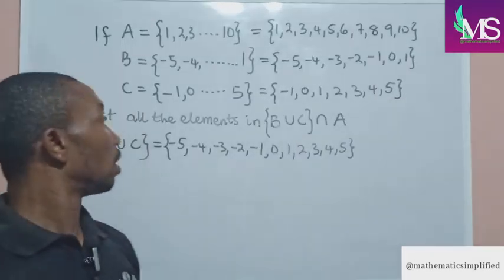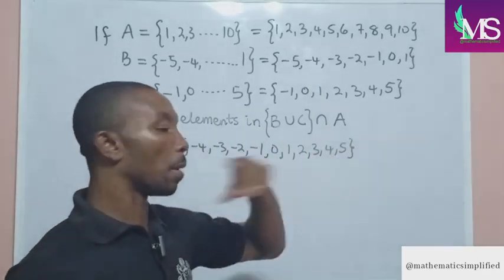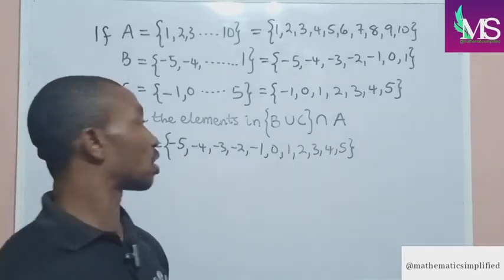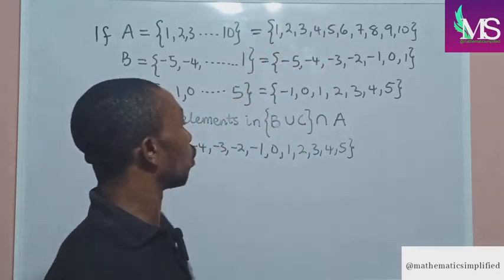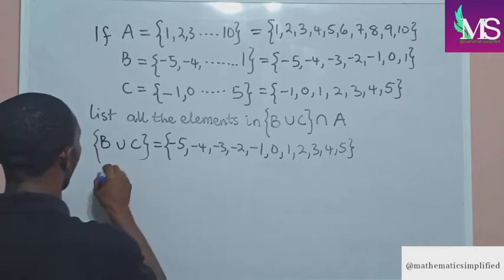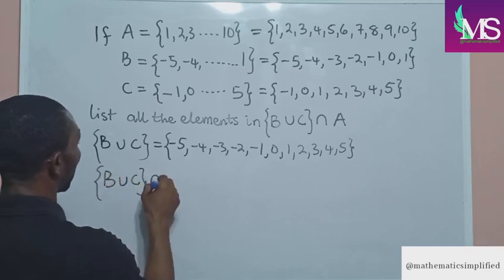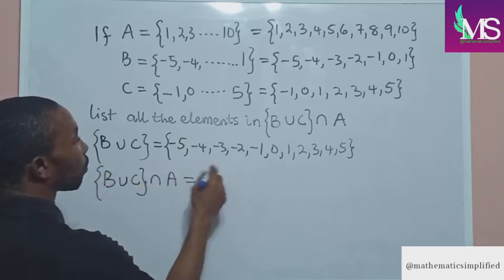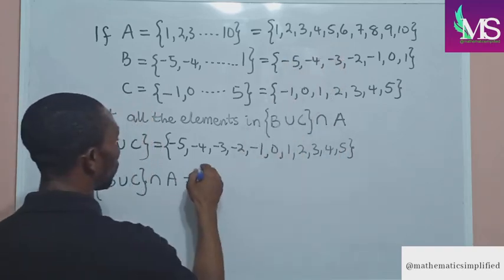So if we look at B union C intersection A, intersection means what is common to both B union C and A. If we look at what is common to both of them, B union C intersection A will become, we have from 1 to 5 is what is common.